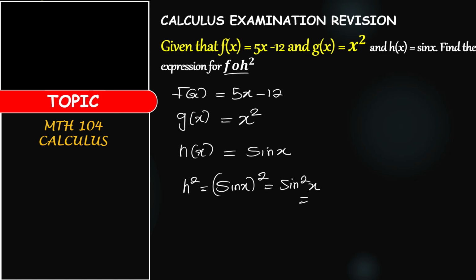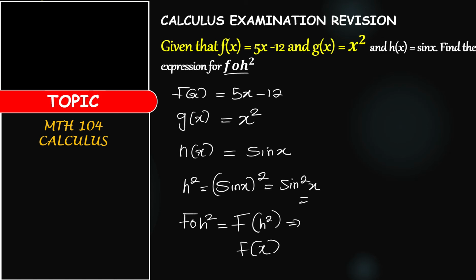And then f of h squared, according to what I've taught you before plus the assignment we've done, can be written as f of x with h squared in the bracket. Now what does this mean? It means that wherever you see x in f, you should put the value of h squared. So our f of x is 5x minus 12.